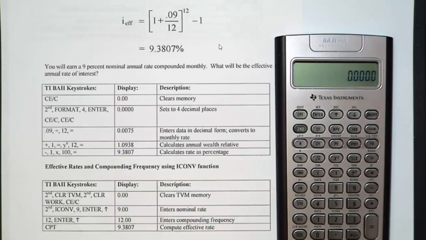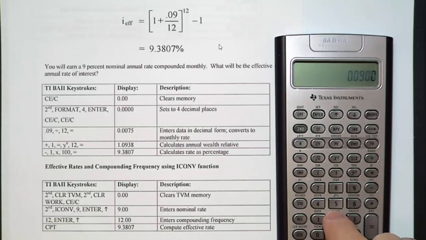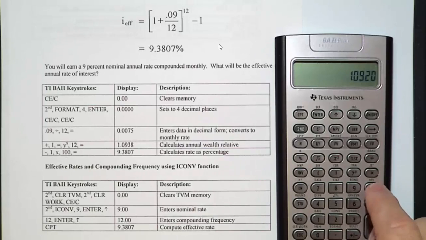So let's try semi-annually. 0.09 divided by 2 plus 1 equals y to the x, 2 equals, minus 1 times 100 equals 9.20.